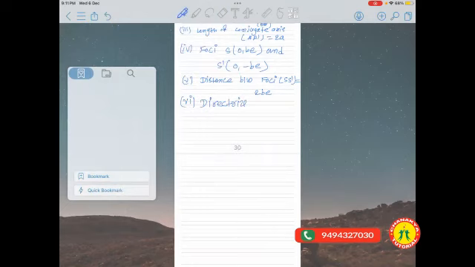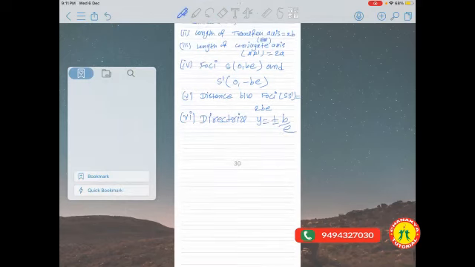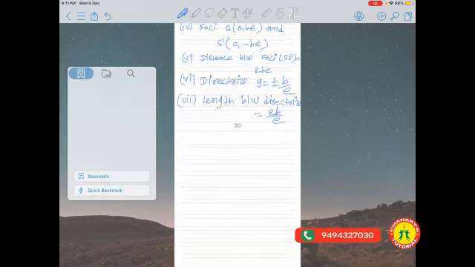That is the sixth point: y is equal to plus minus b by e. Now the seventh point is the length between the directrices, which is 2b by e.